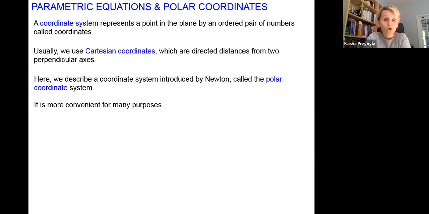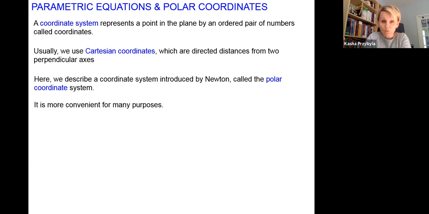Also, we will try to find the area of the region which is bounded by polar curves. Today, we will just learn how to plot the points and a few curves, and tomorrow, we will take care of the area.